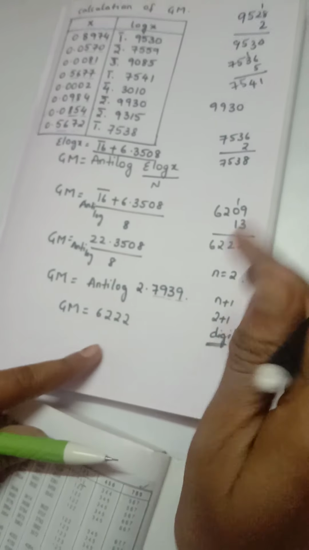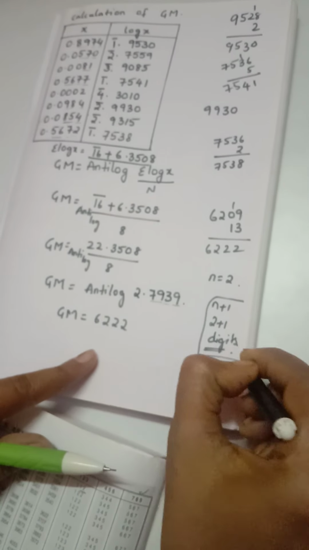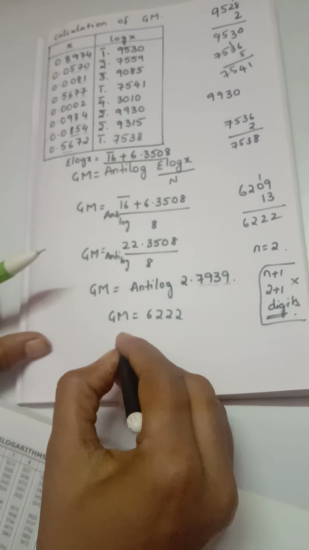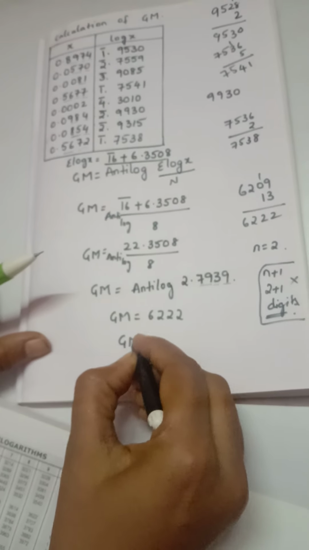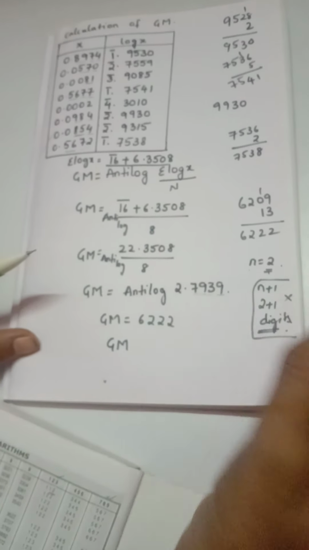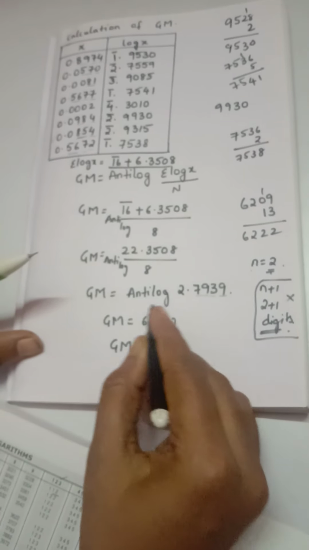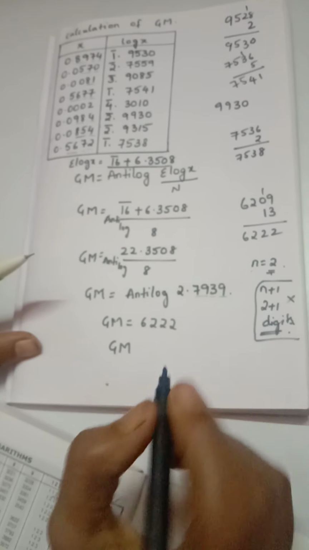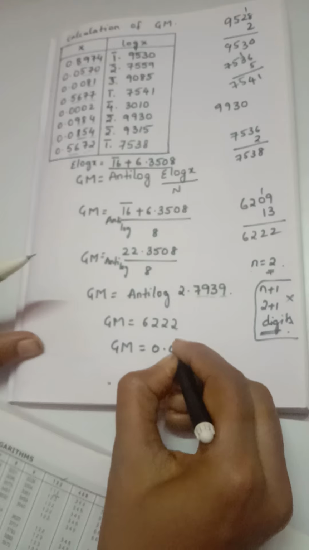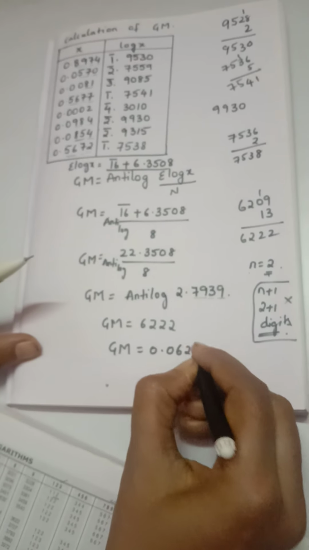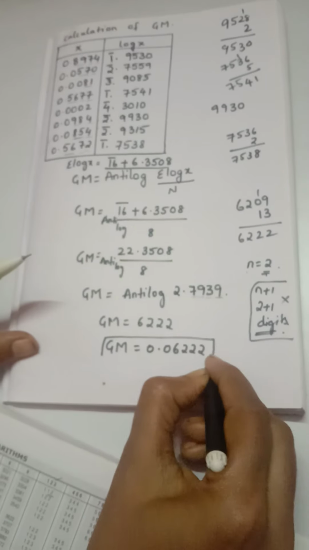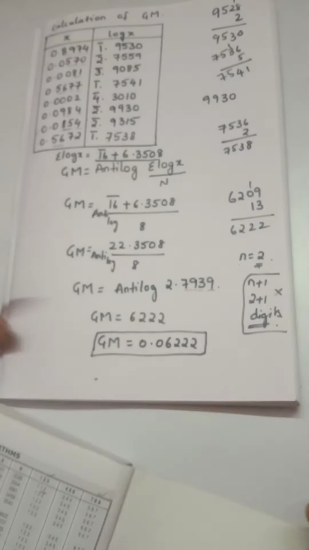Here we should not consider this type of thing. What do you need to consider? GM is equal to, how many are there? N is equal to 2, no? So you need to place this value after 2 zeros only. So GM is equal to 0.06222 is your answer. We got it.